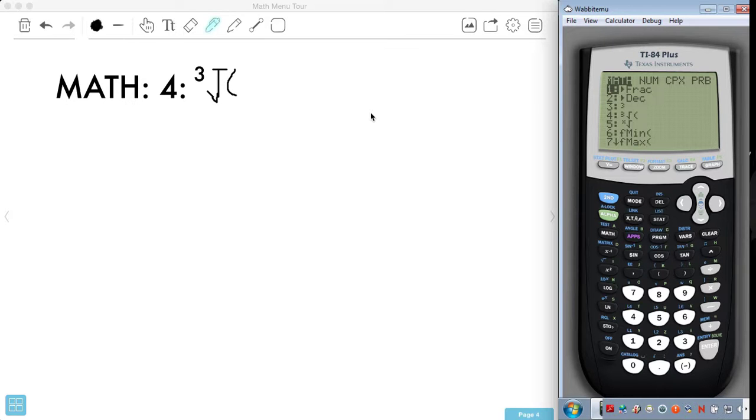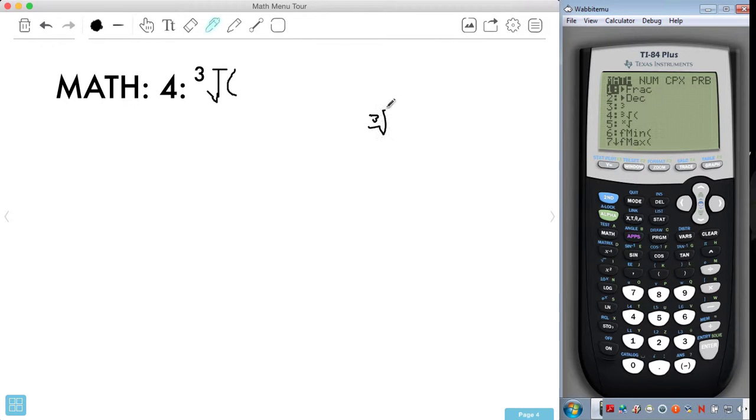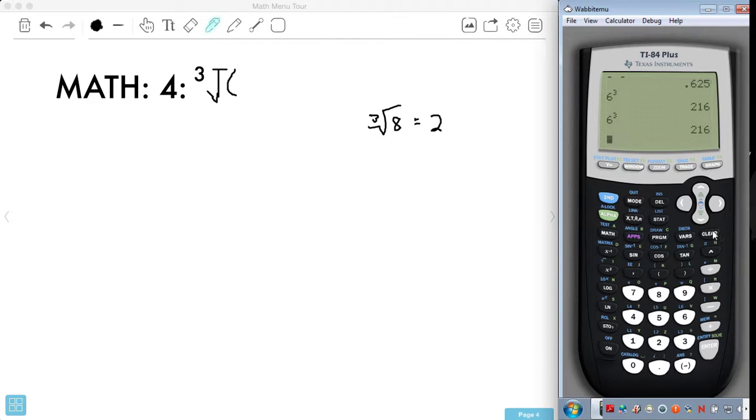So for example, I know that the cube root of 8, a number that multiplies by itself 3 times to make 8, would be 2. So to calculate that on my graphing calculator, again just from my main screen, I would start immediately by going to math, go down to option 4, it says cube root of, and type in whatever you would like to take the cube root of and press enter. And there's your answer, 2.